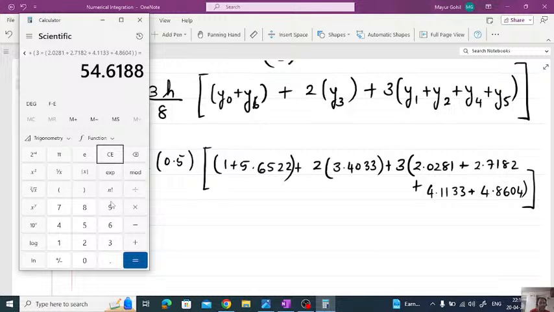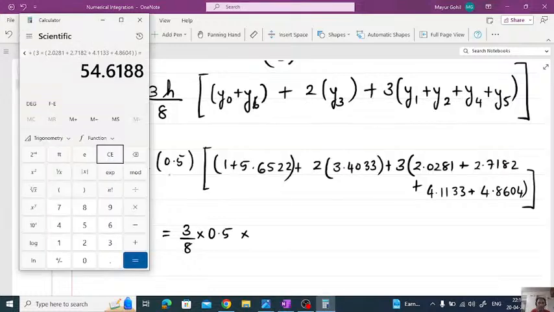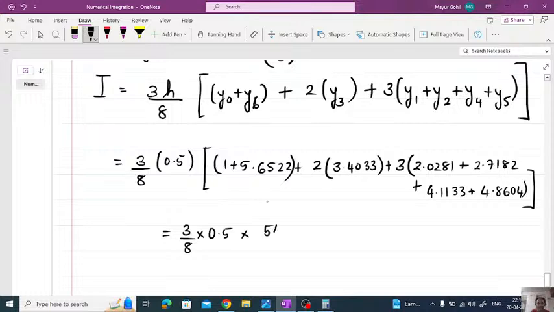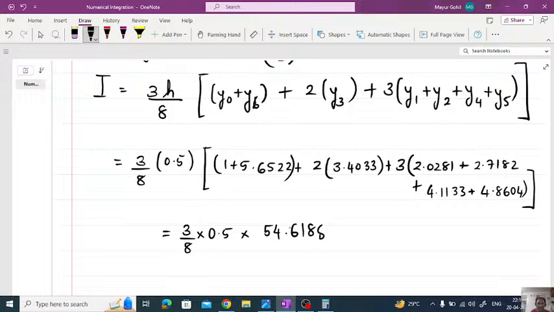This is the final answer, and here this will give me 3 upon 8 into 0.5 into 54.6188.